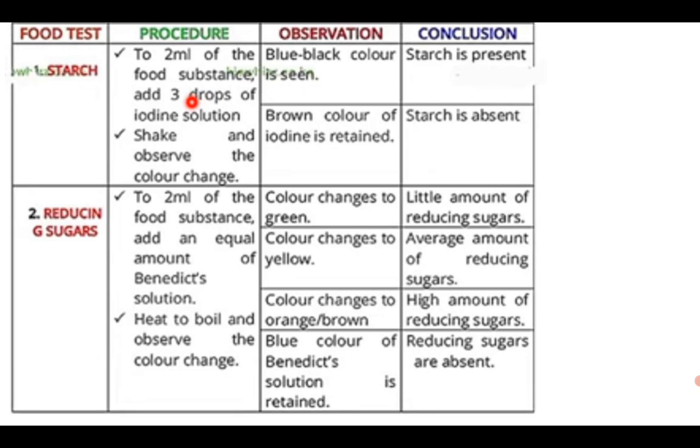Before you add anything to it, it has a brown or sometimes something closer to orange color. So to the food substance, whatever it may be, groundnut, cassava flour, or whatever it is, you add 3 drops of iodine solution.